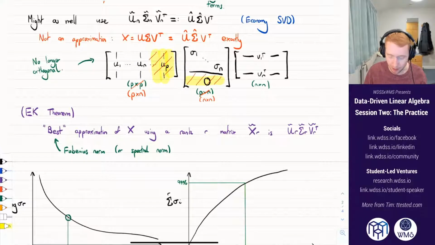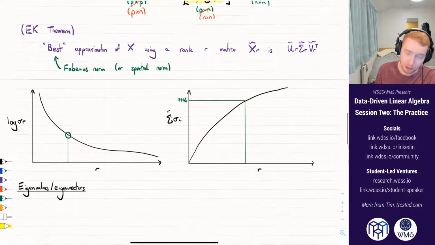So X R tilde, which is these tilde matrices here, is the best approximation. That's using the Frobenius norm, which we defined last time: basically flatten the vectors and then compute the normal Euclidean distance. It turns out it's also optimal in the spectral norm, which is another useful measure of distance in matrix space. Have a look into that if you want to, or you might know it already from Analysis 3.